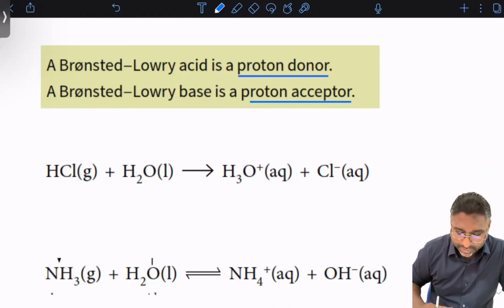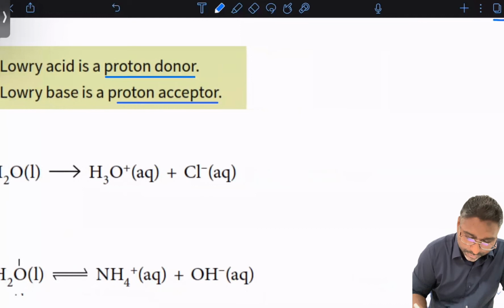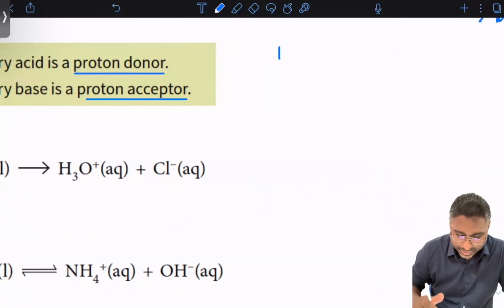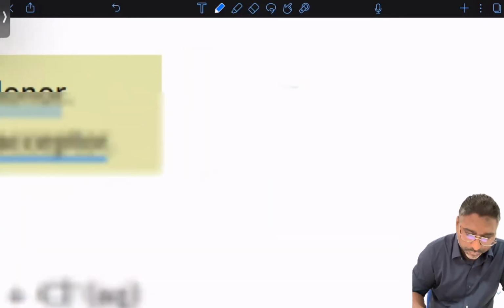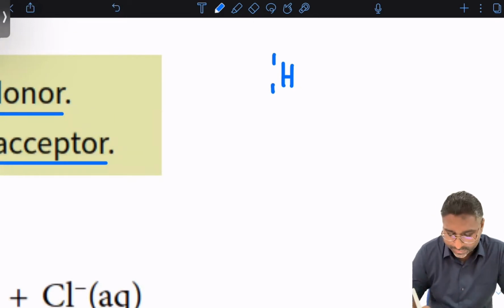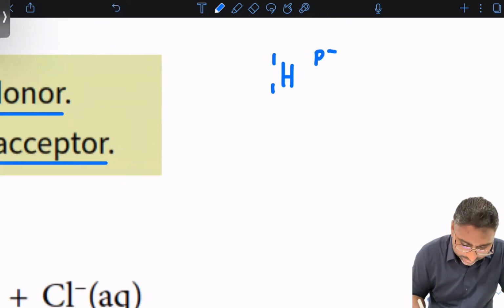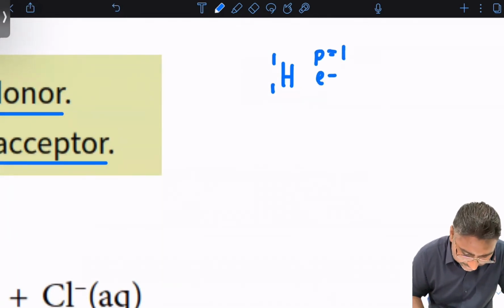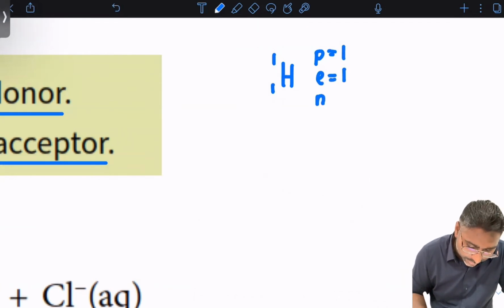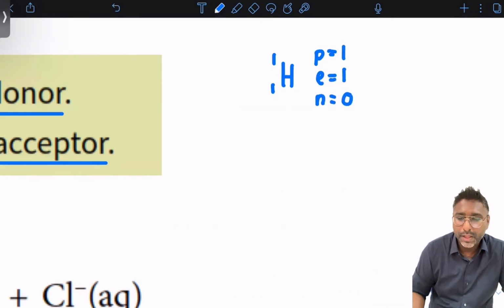Now let's have a look at hydrogen. Hydrogen is 1, 1. The number of protons is 1, electrons must be the same, so 1, and neutrons is 0.